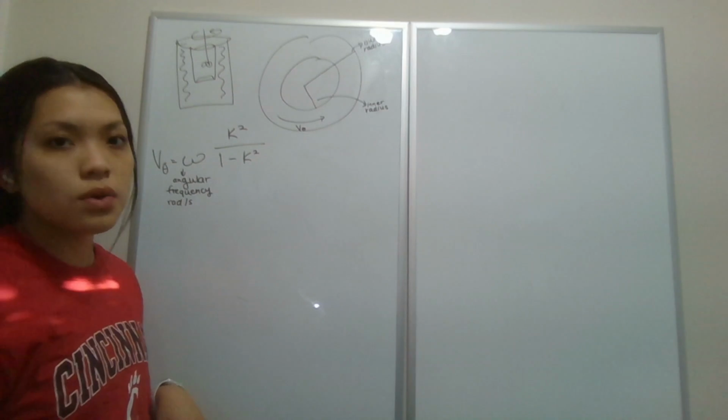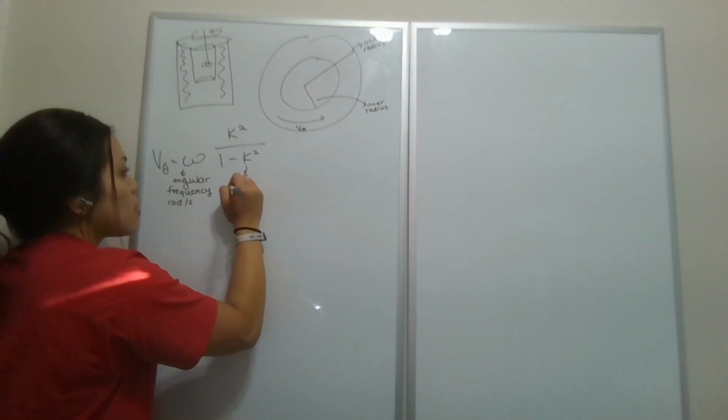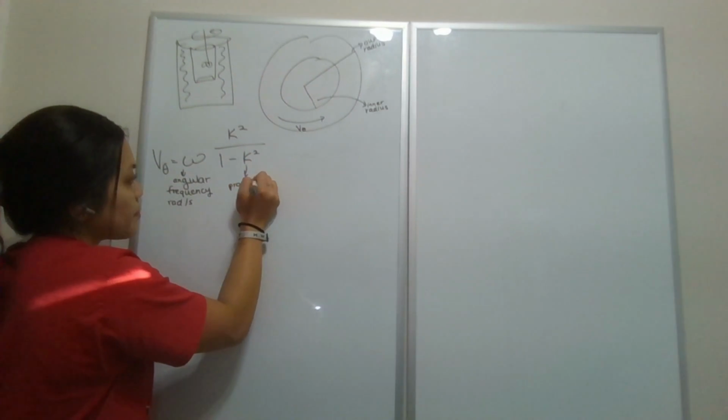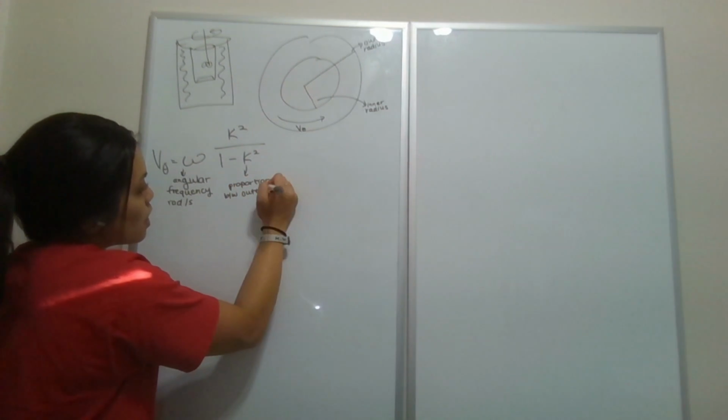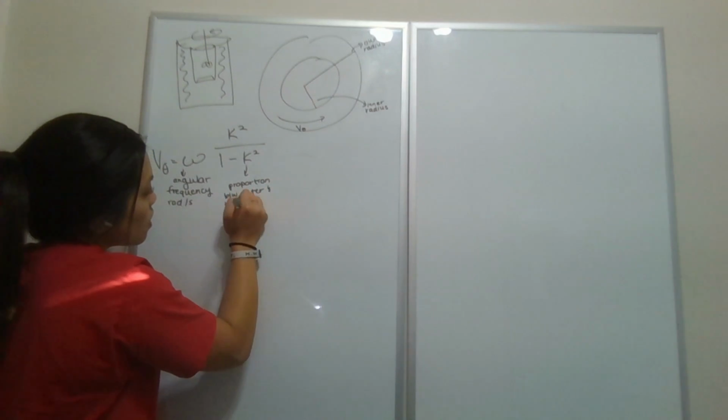So this k value is just the proportion between the outer and inner radii.